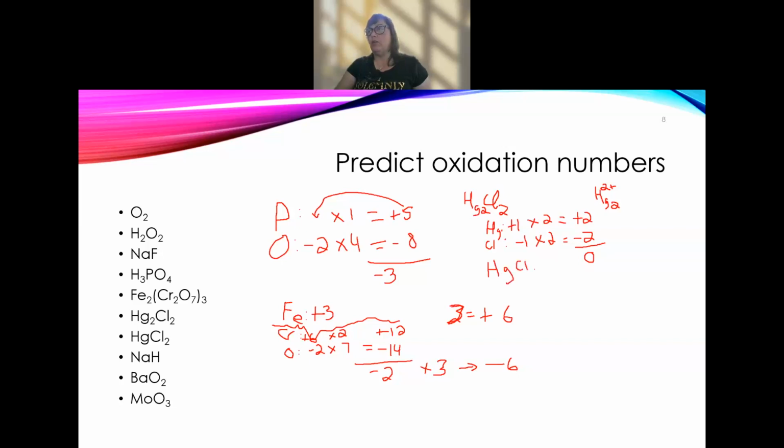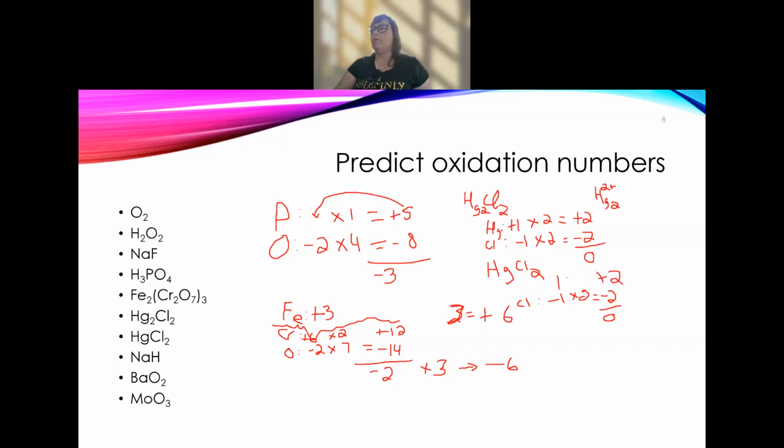Okay? When we talk instead about HgCl2, we still have the same information for our chlorine. Cl, we're going to have a negative 1 on that. There are 2 of them. We know this is neutral. And that means that this Hg, in order to make that happen, has to be plus 2 overall.